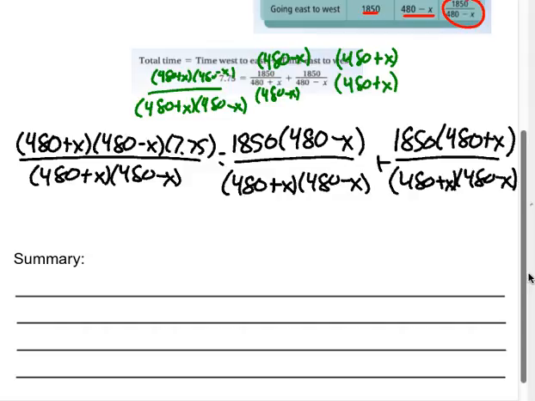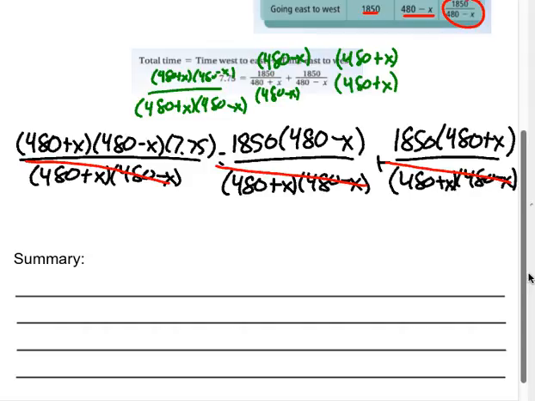All right, so all of that, and we have our common denominator now. Okay, we have exactly what we need. So now those denominators cancel out. So we only have the numerators left.